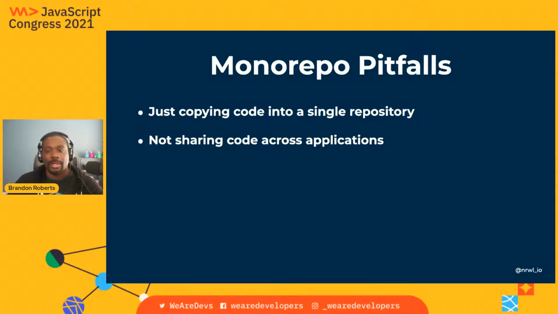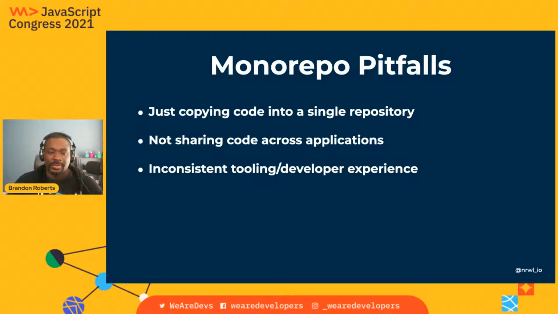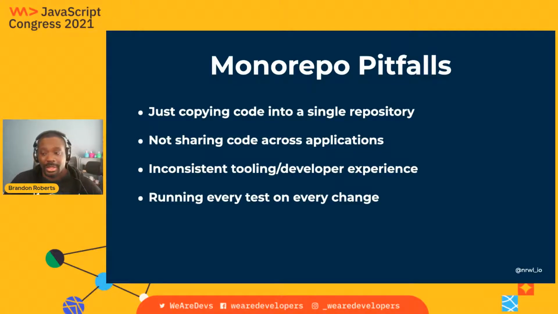You want to make use of those shared components or utility libraries and also have some consistency across the way of building and testing applications that have many different tools and technologies. A big thing here is running every test on every change, or running every build on every change across multiple apps, which can lead to an increase in CI time.